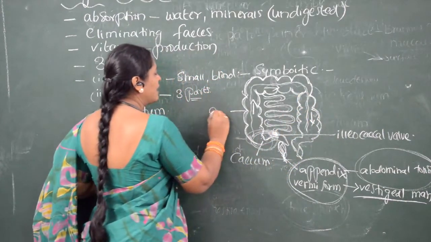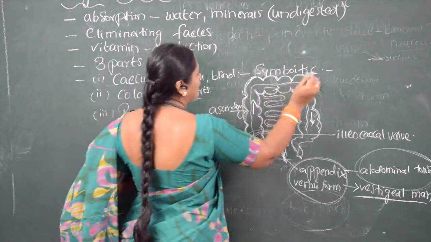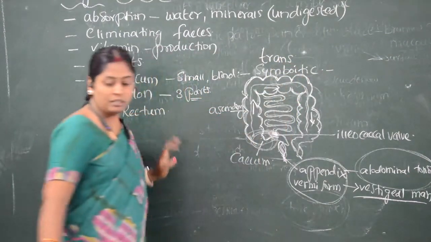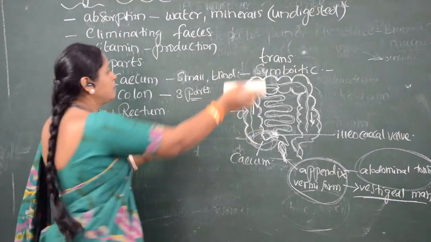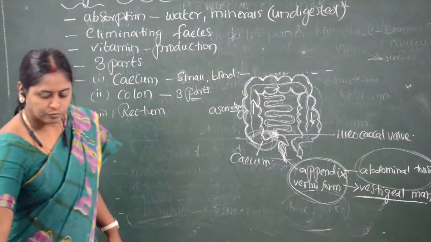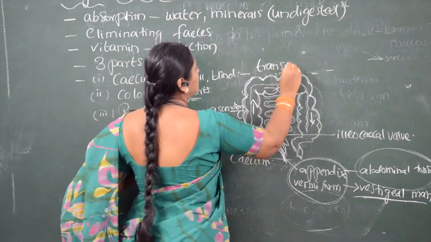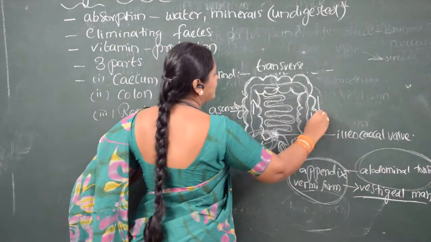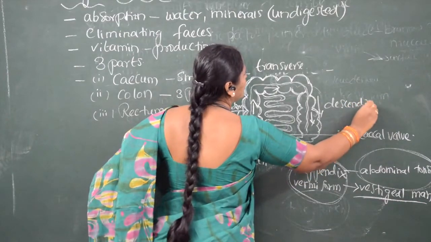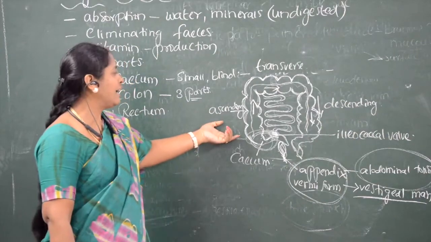So this is the ascending part of the colon, and this is the transverse part of the colon, and this one is the descending part of the colon. The colon is the second part of the large intestine.